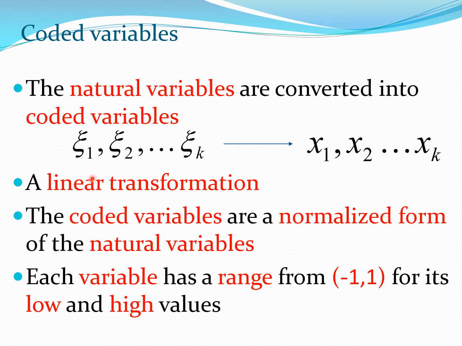So let us think of one of the variables as being height. Now, a person's height could range from a low of maybe 0 in a theoretical sense to a high of 6 feet, 6 inch or 7 feet. And those would be the natural variables for this design variable xi1.